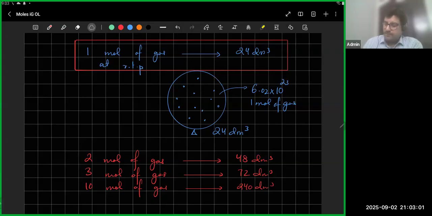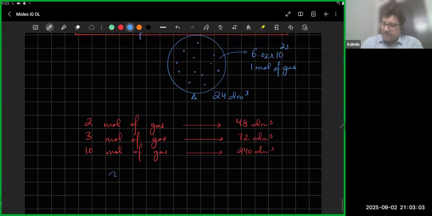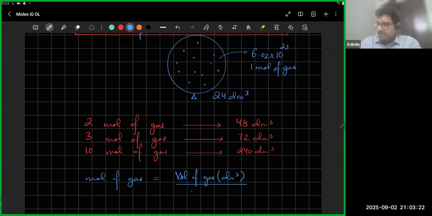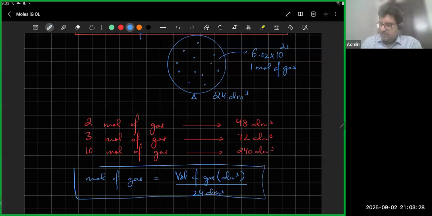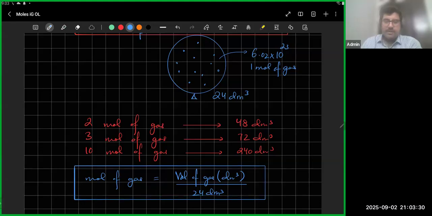Now, you can summarize this. You can either use ratios or you can come up with this formula, in which case you don't have to use ratios. Remember this is only applicable to a gas. The moles of a gas is the volume of gas in dm cube divided by 24 dm cube. Okay, so that's your formula.